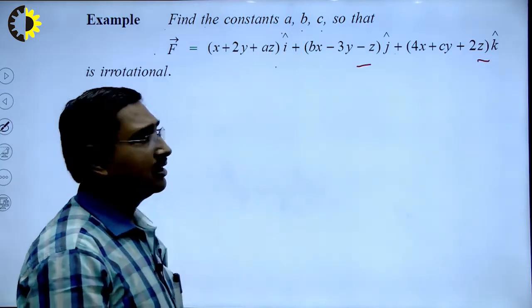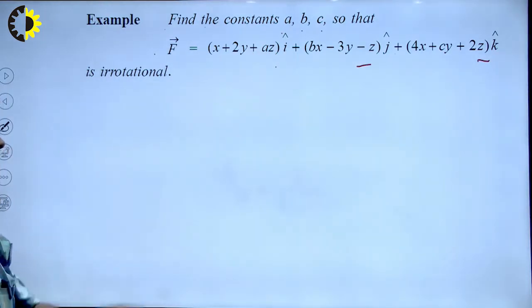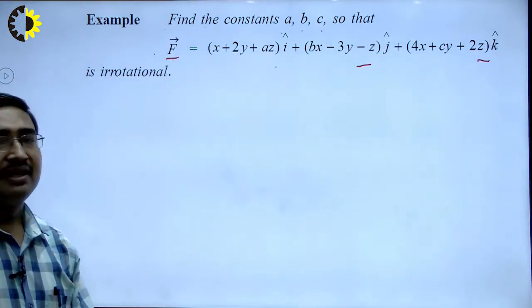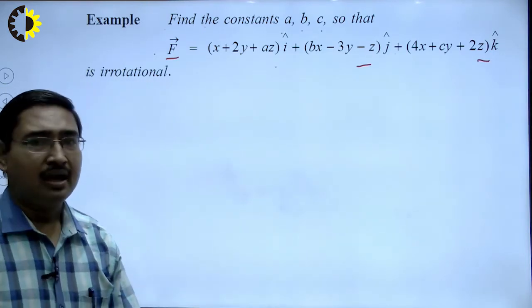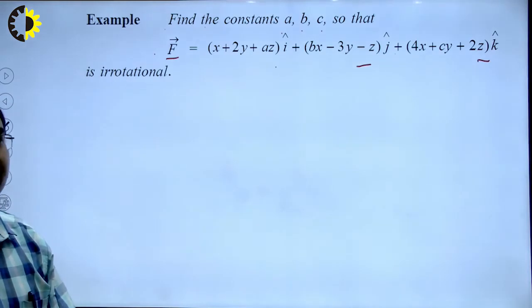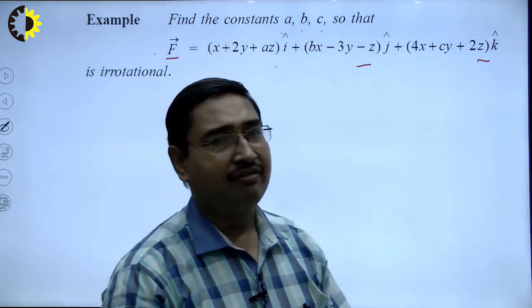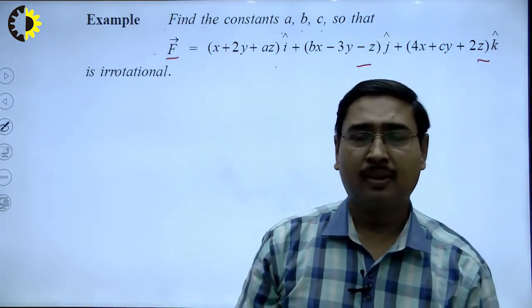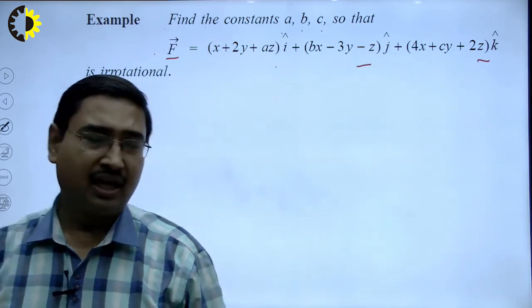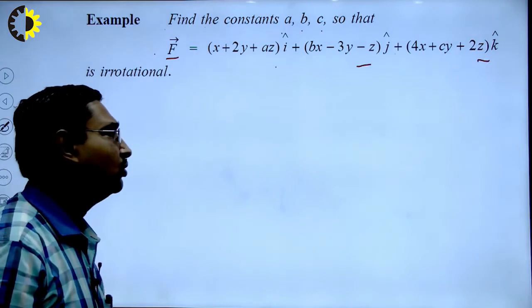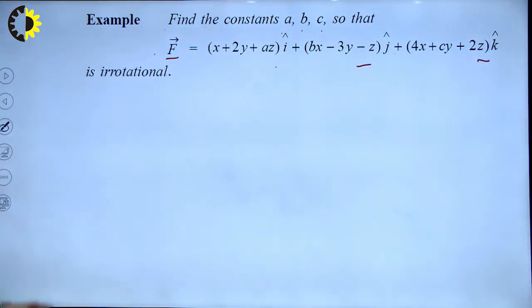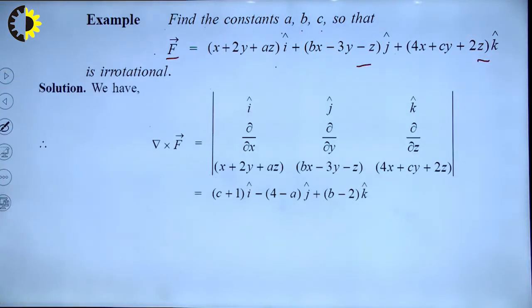To find the values of a, b and c, given that this vector function f is irrotational, what I shall do? I shall calculate del cross f, curl f, and that curl f will be equated to 0. The value of curl f when equating to 0 will give 3 equations, and solving those equations I shall obtain the values of a, b and c.